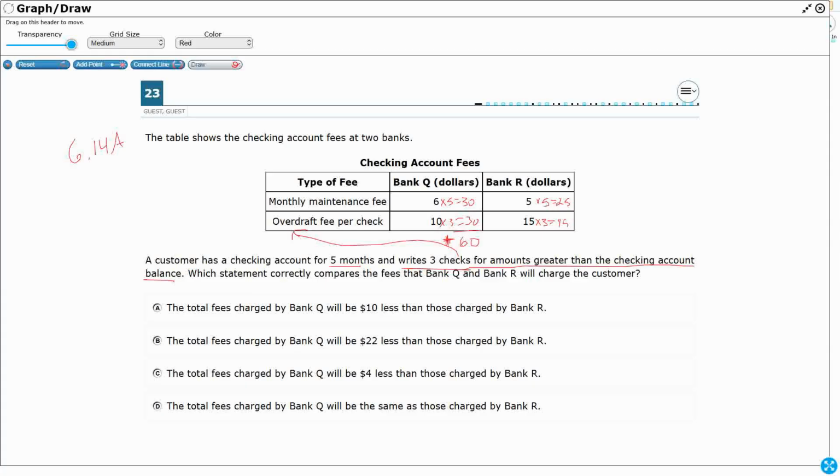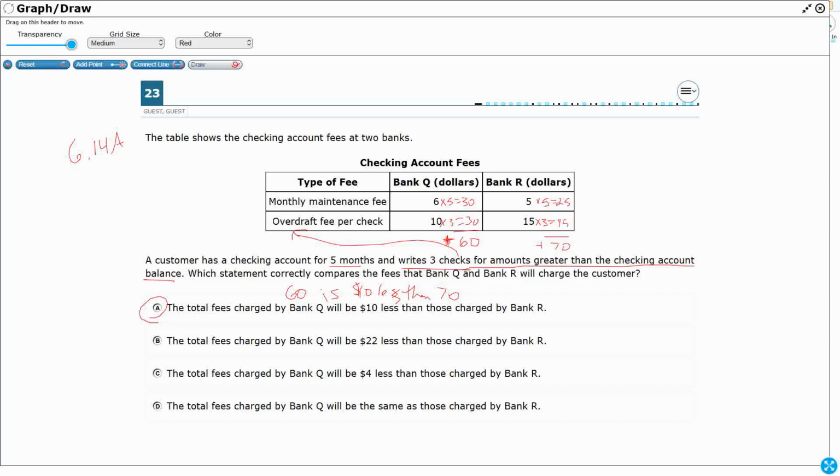Okay. This happens to be, oh, look at that, $70 in fees. It's the overdraft. It's really getting you. All right. So now we can compare. The total fees charged by Bank Q, 60, will be $10 less than those charged by Bank R. So 60 is $10 less than 70, yeah, that makes perfect sense.